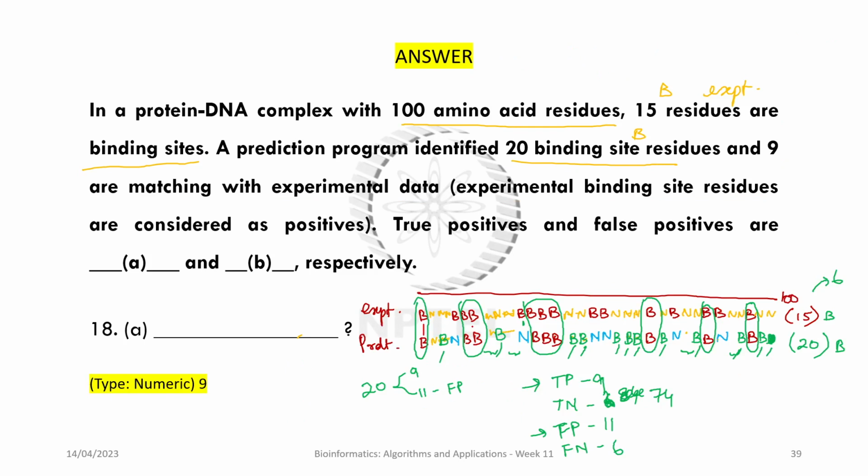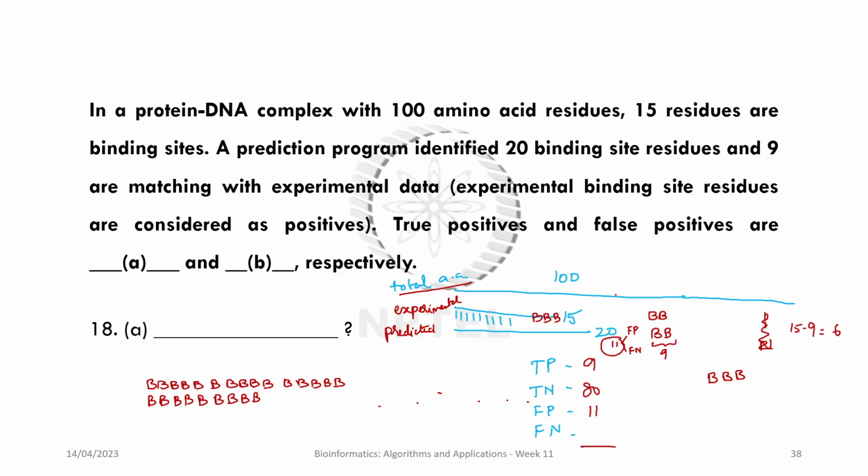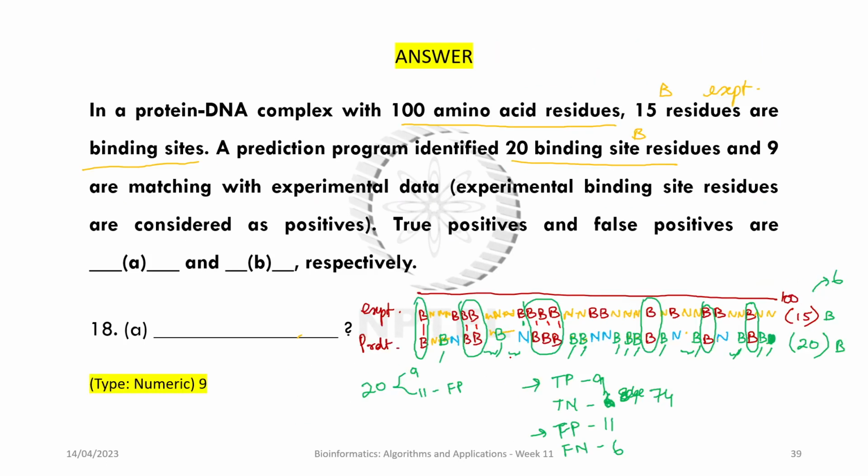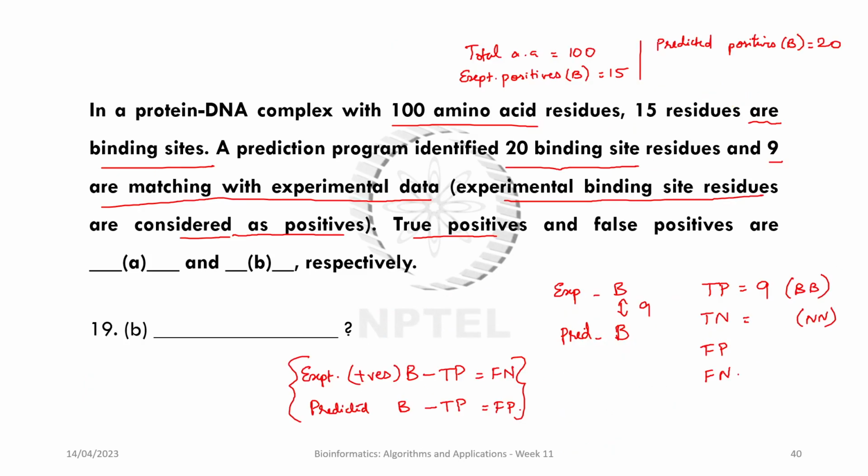You have B's matching in all places in 9 cases, and in cases where you have B in experimental case and N in prediction case, these are your false negatives because you have N in prediction and B in experiment.